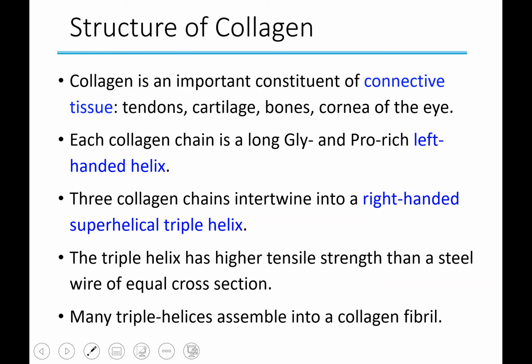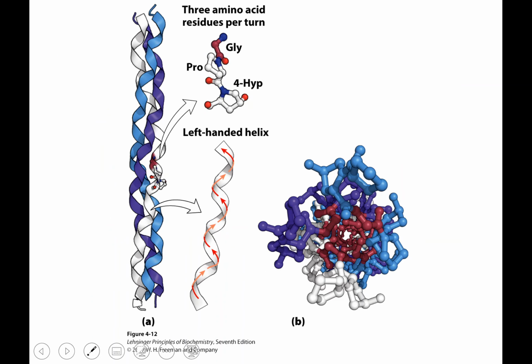And many of these triple helices are assembled together into a collagen fibril. This is the picture of that. So these individual collagen chains are colored here in different colors, so white, blue, and purple.